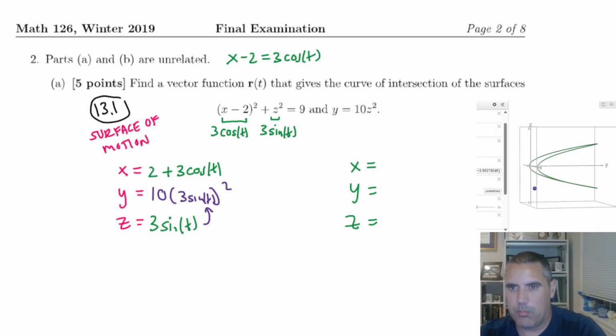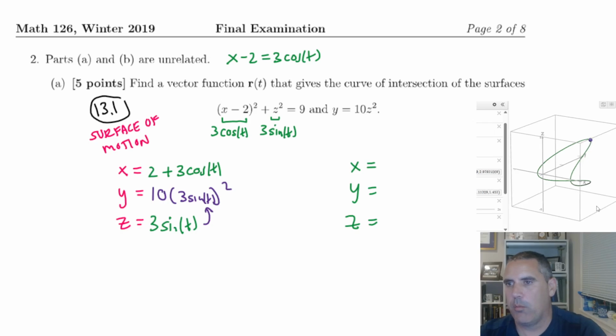The moment I replace the y value with 10 times 3 squared, so times 9, so 90, sine squared of t, then it's going to make the third value change appropriately like this. And that parameterizes the whole thing.